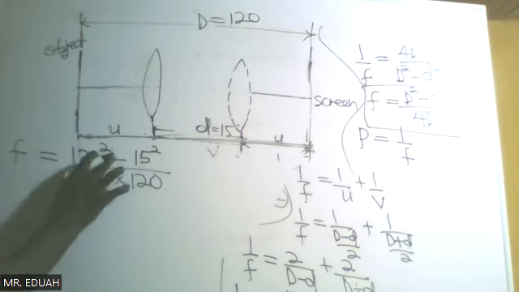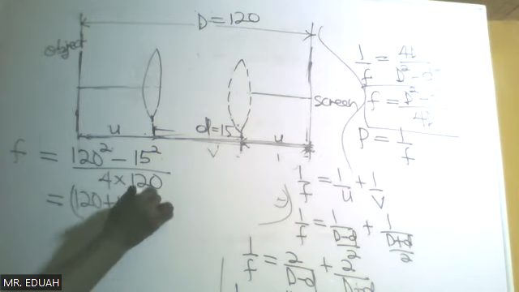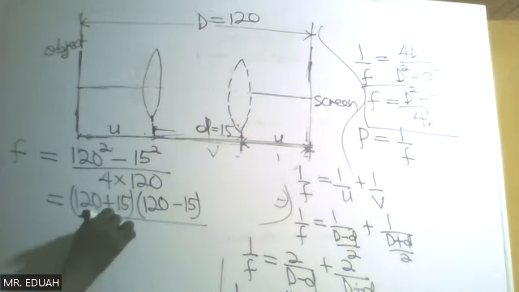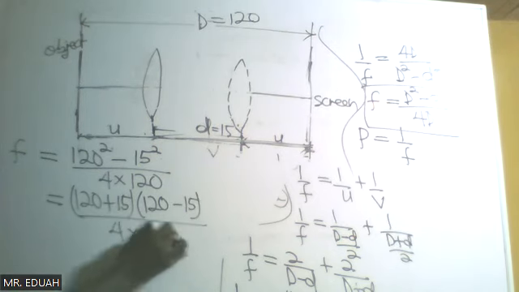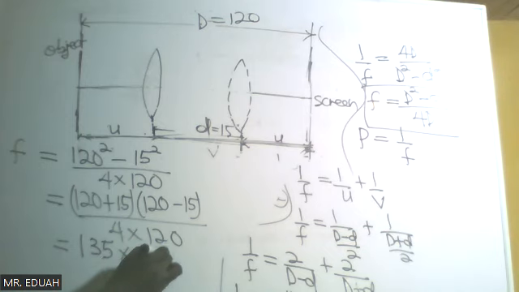And this is equal to 120 minus 15 times 120 plus 15, all divided by 4 times 120. Okay, so 135 times 105 divided by 4 times 120.